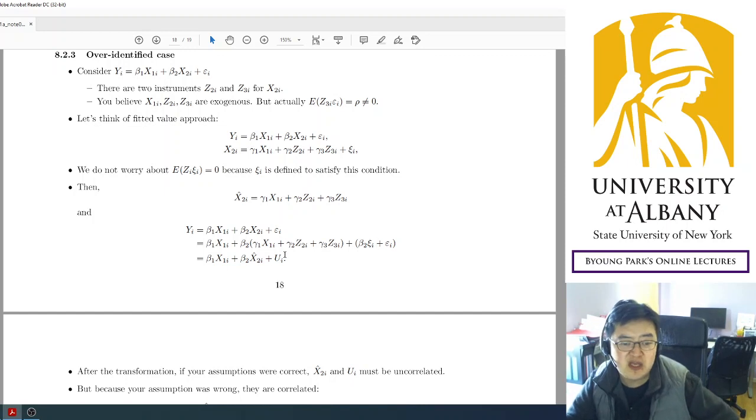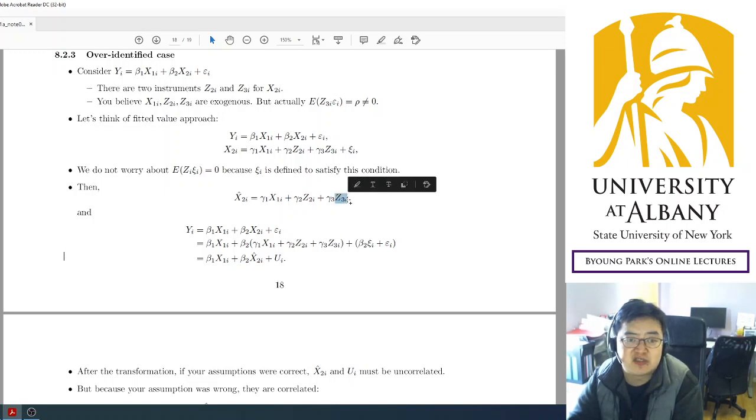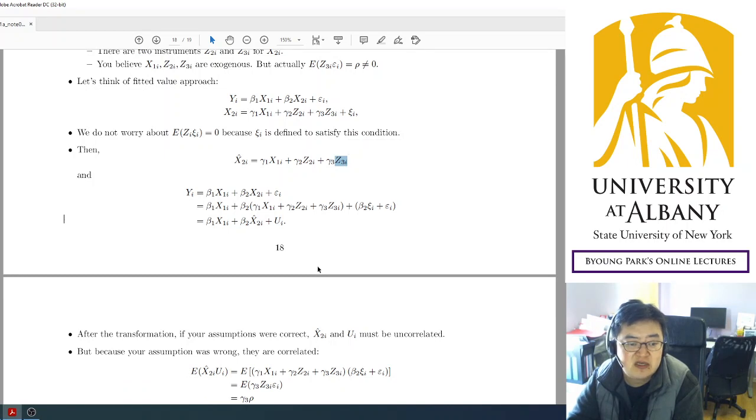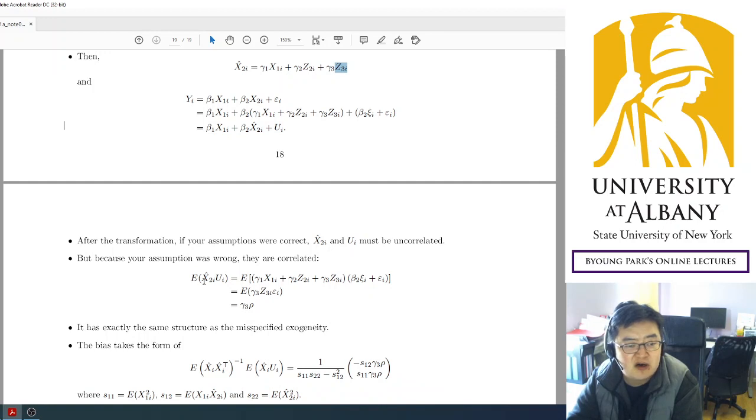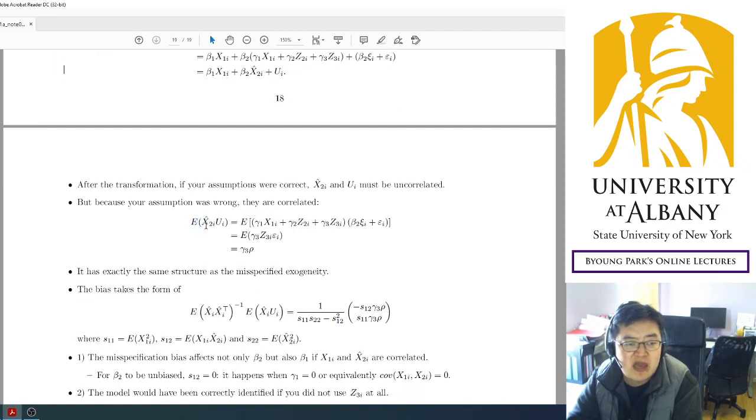So then what we needed was, we had to show that x2 hat is uncorrelated with u. That was true. That holds when Z3 was exogenous, but now it isn't. So if you calculate the covariance between x2 hat, the fitted value, and the extended error term, x1 and z2 are not correlated, so they disappear, and only z3 is correlated with epsilon.